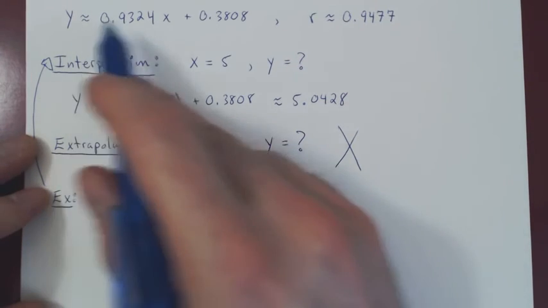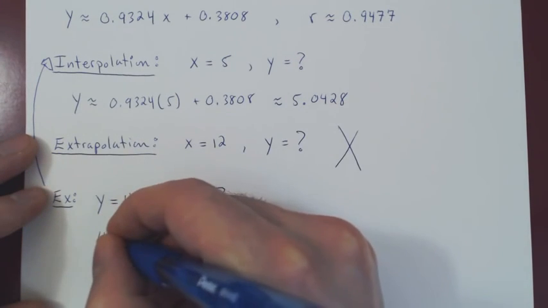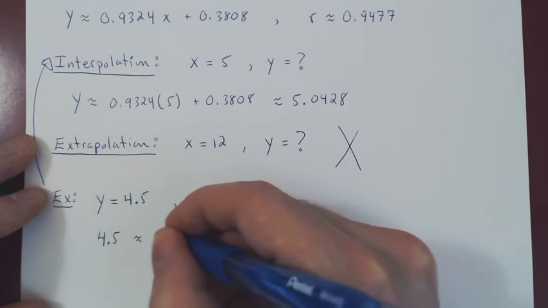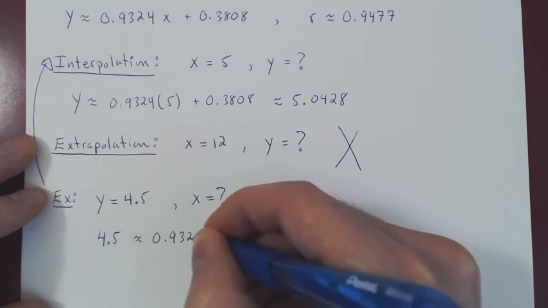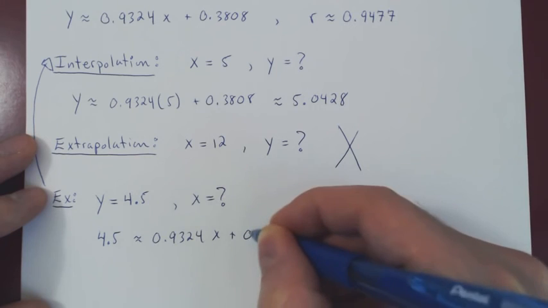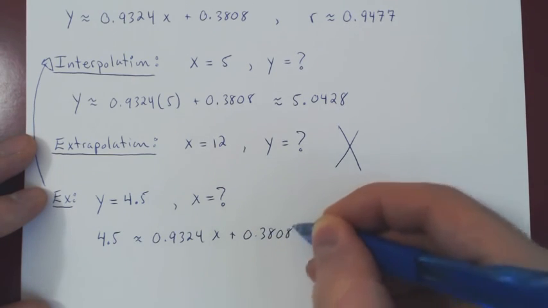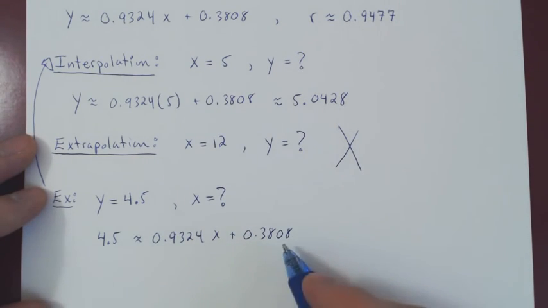So we replace in our equation y, 4.5 is approximately 0.9324x plus 0.3808, and we can now simply solve for x.